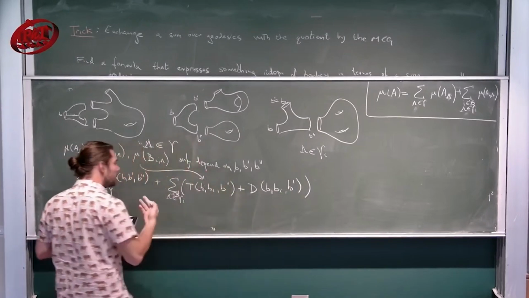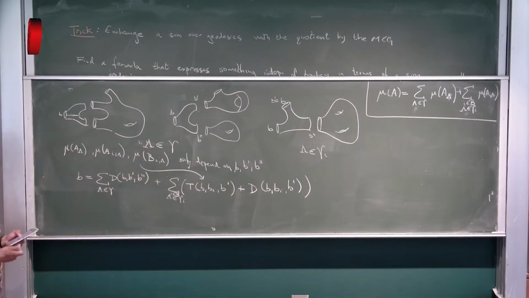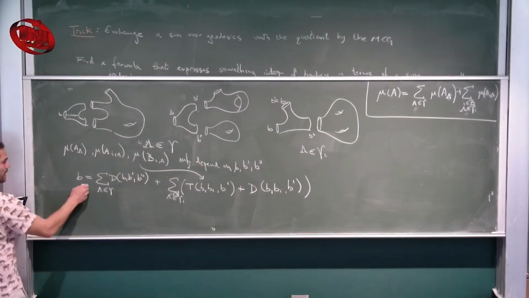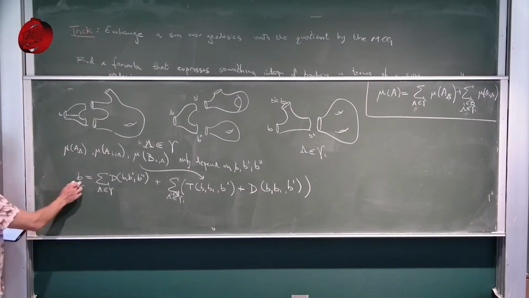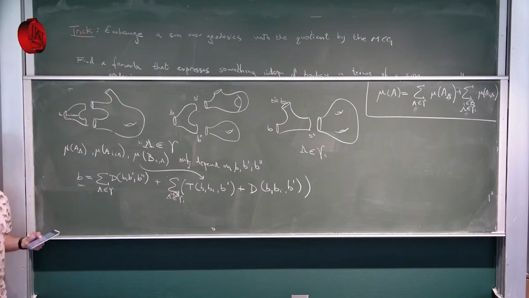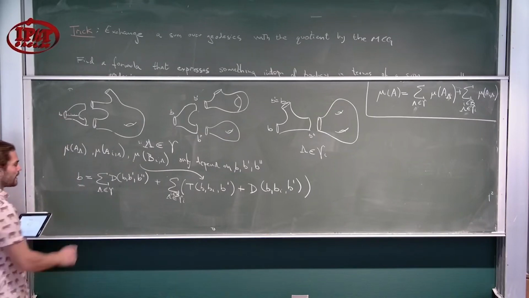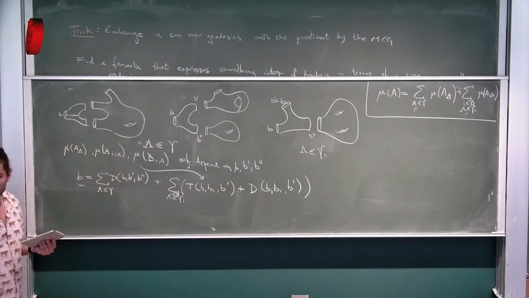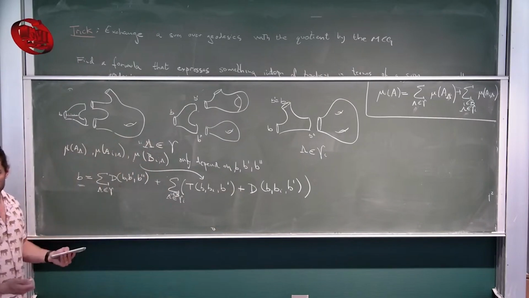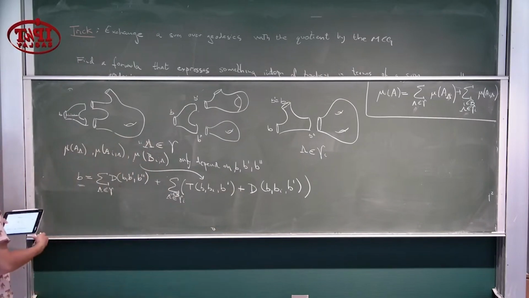So this is exactly the type of formula that I was looking for, because it expresses something that's independent of the topology of the manifold, namely the length of an external geodesic, as a complicated sum over all pairs of pans on my geometry.